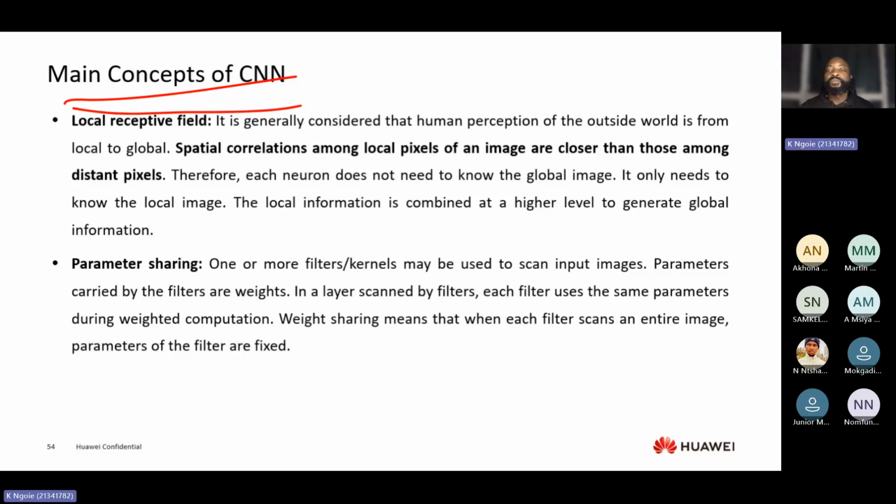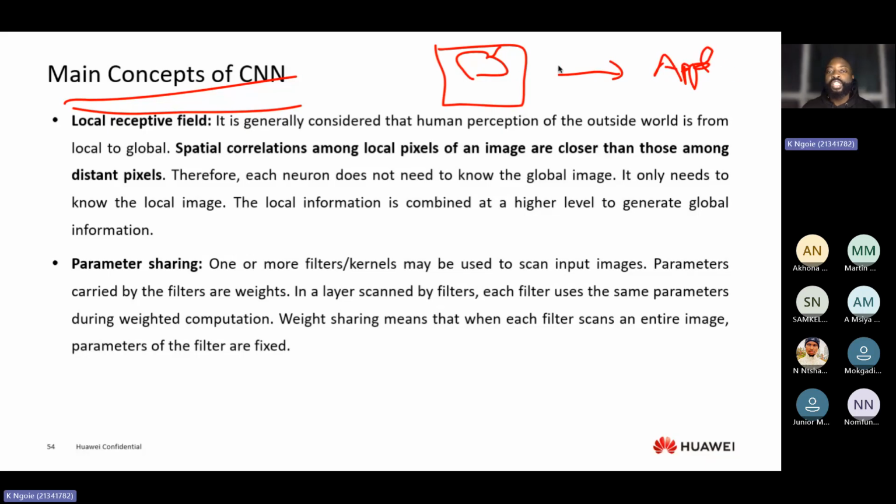Which means that if we're dealing with an image, the way CNN works is that CNN does not need to know that this picture is a picture of an apple for it to identify this as an apple.